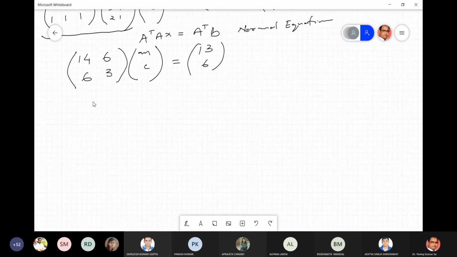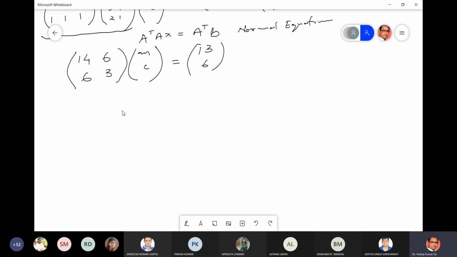So what is this actually is a linear system of equations, and you can easily find out what m and c are, but then let us go by what we have seen.